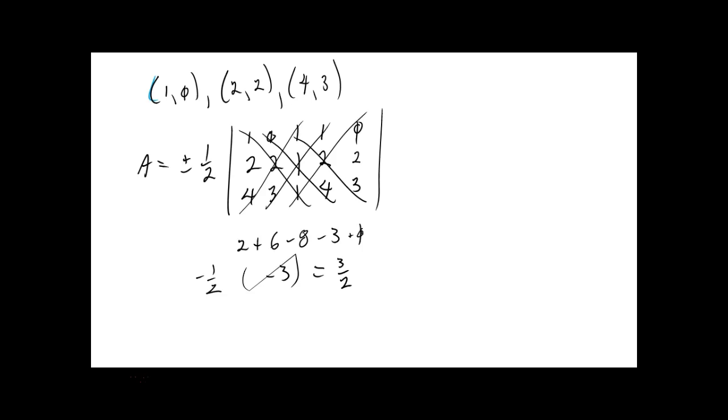Now, what if they had given us 3 points? In fact, the same 3 points, except the first one they gave us as 0, 1 rather than 1, 0. Okay? Now, when you do that determinant, you'll find out it comes out being 0. What does that mean?